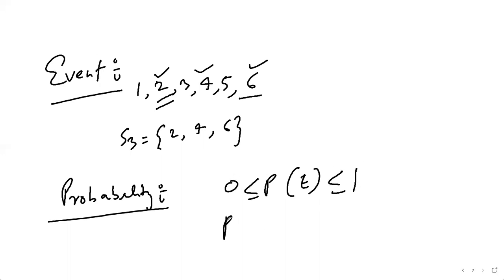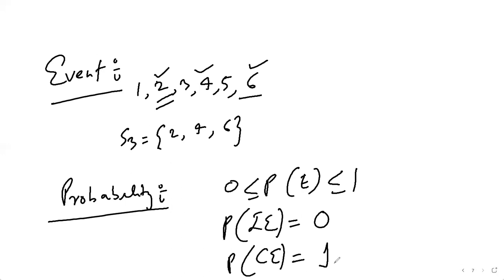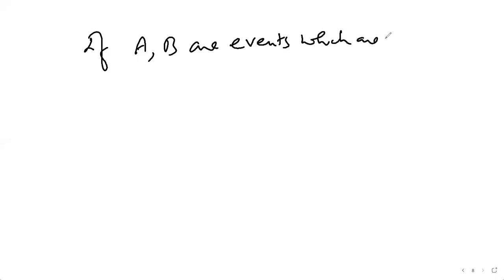And the event which is impossible in nature, an impossible event, we say that the probability will be 0. For an event which is certain in nature, the probability is always 1, right? And we also saw one more law, that if, let me write in the next slide, A and B are events which are mutually exclusive, so the probability would be how much?